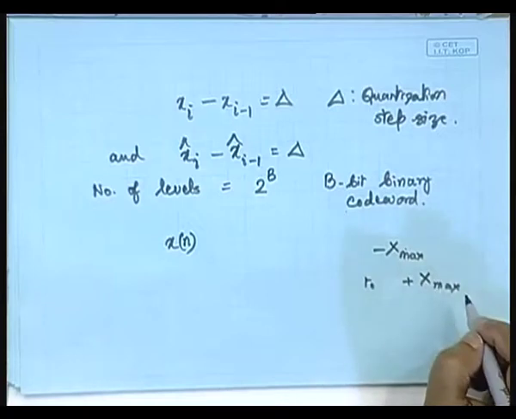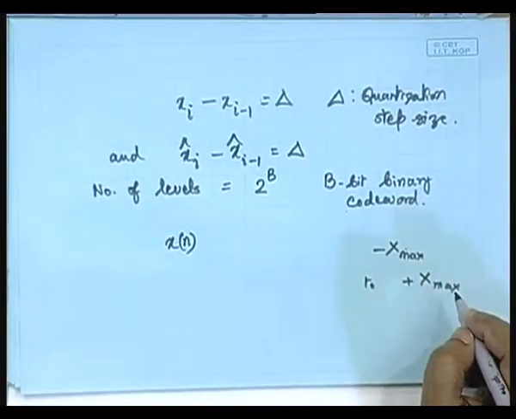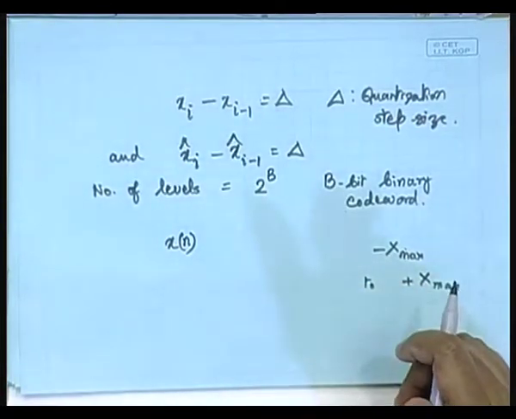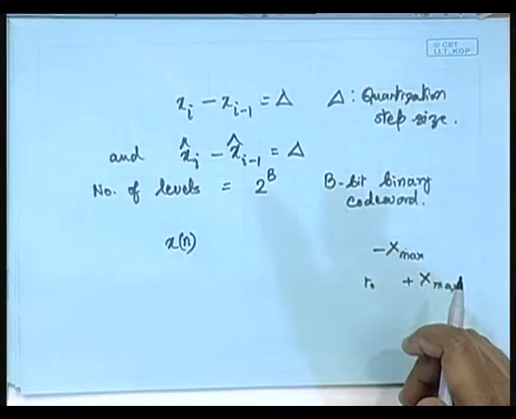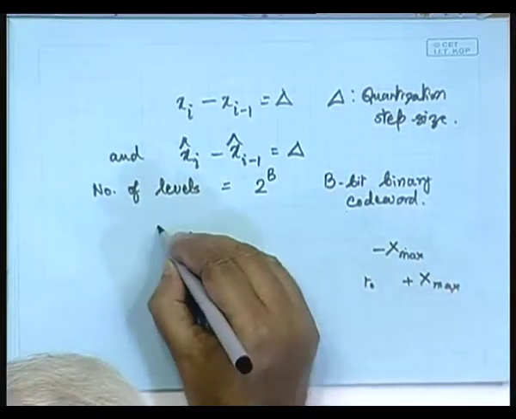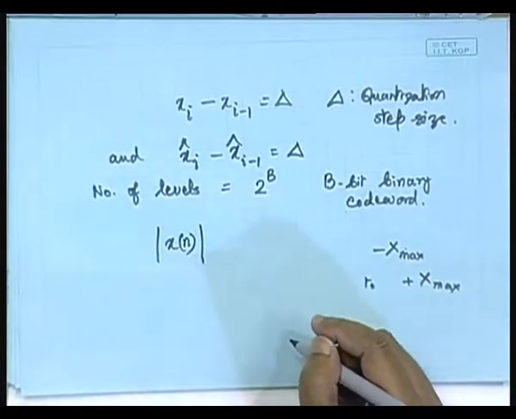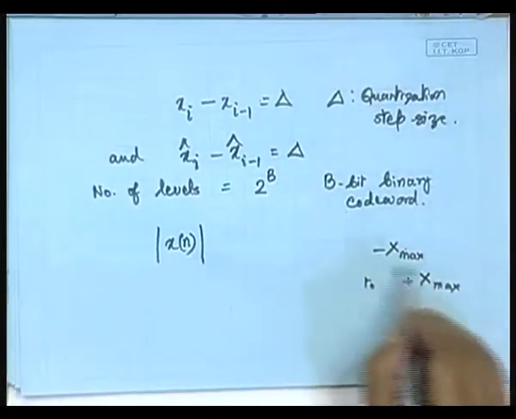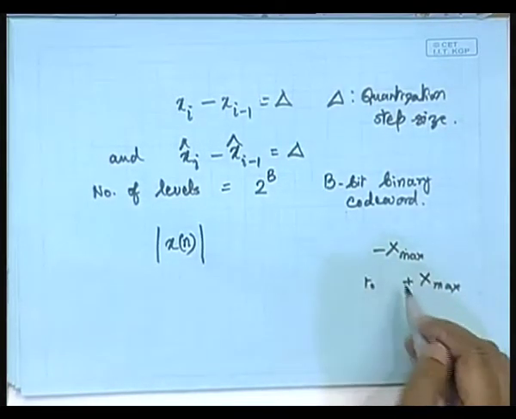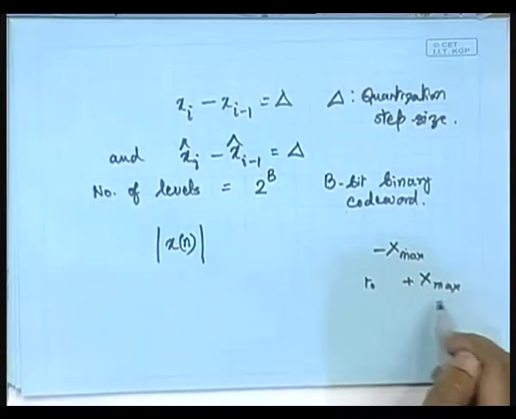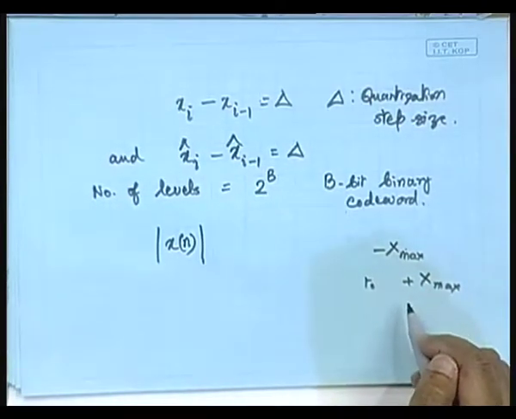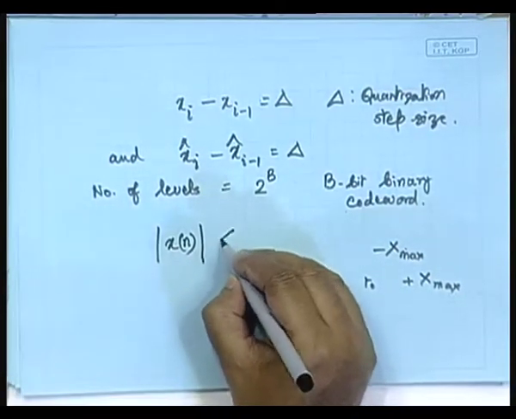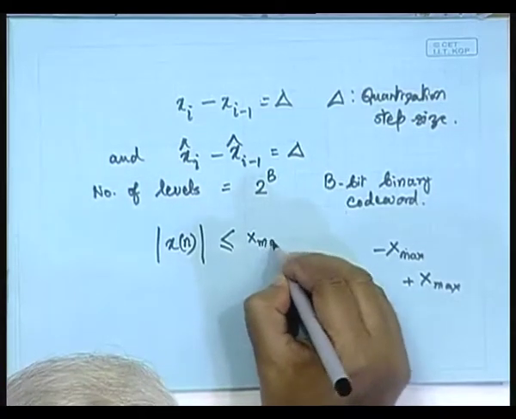So, minus x max to plus x max is the complete variation that is possible in the signal level, and x of n can be positive and also negative. On the negative side its minimum value could be minus x max, and on the positive side it could go up to plus x max, so that we can represent the same thing as mod of x n is less than or equal to x max.